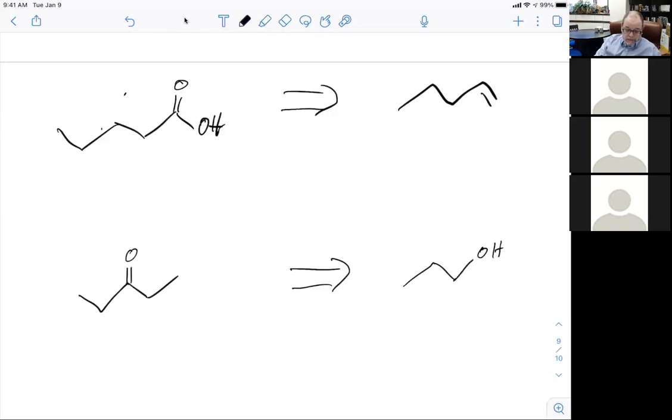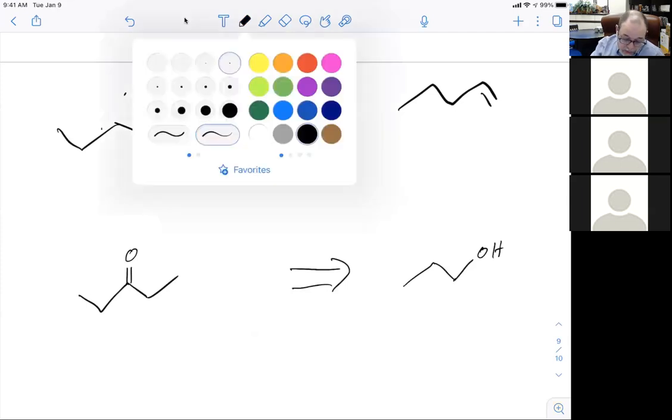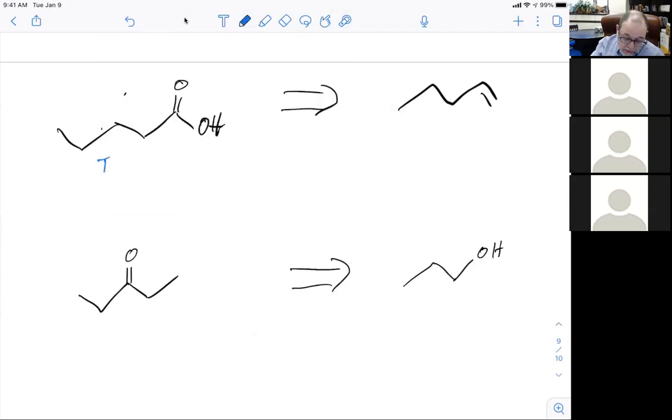Let me put a minute in here so I don't go too fast. Remember, with retrosynthesis, we need to watch our carbon skeleton, and then we need to think about our functional group transformations. You can go from the starting material to the target molecule, or you can go backwards from the target molecule to the starting material.